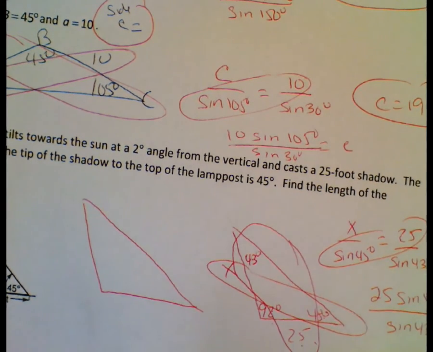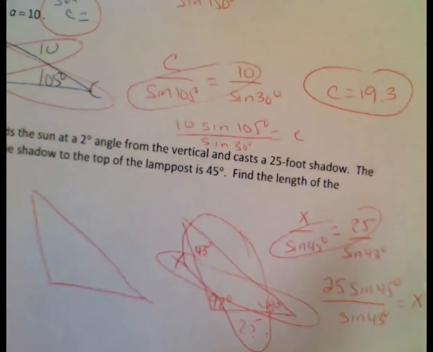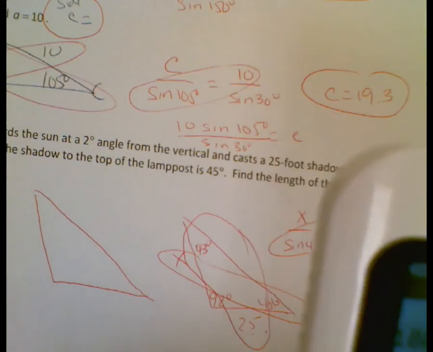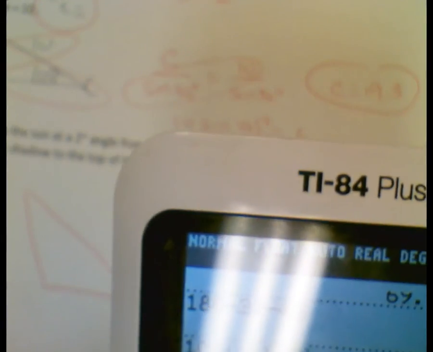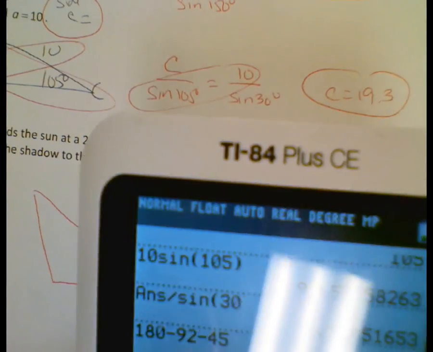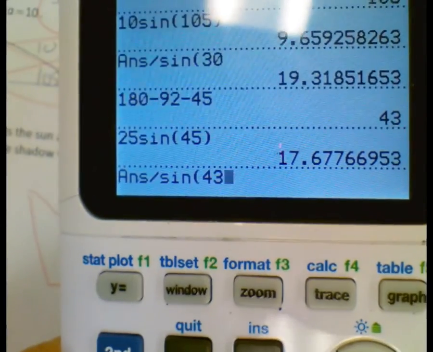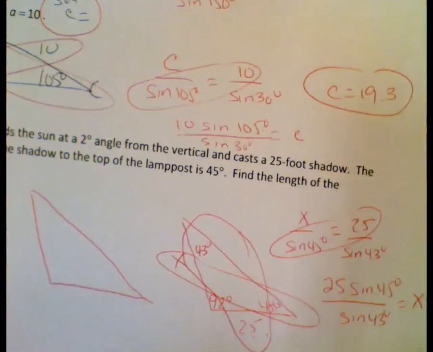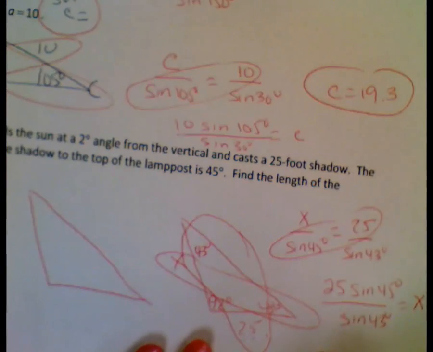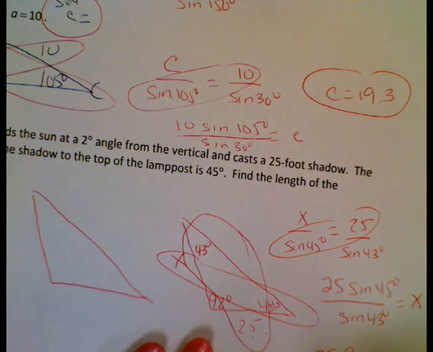You always divide by the one across from x. So on your calculator, it's 25 sine 45 equals, divided by sine of 43. 25.9. So the lamppost is 25.9 feet.